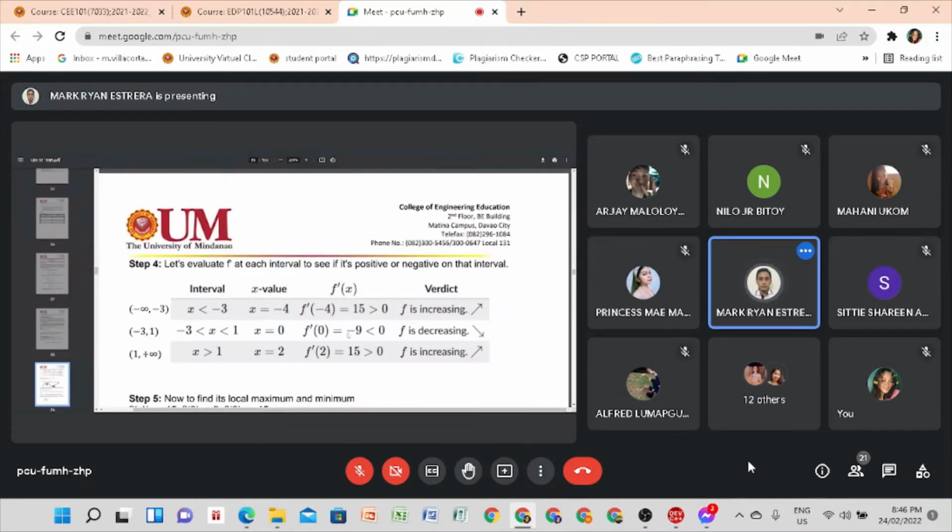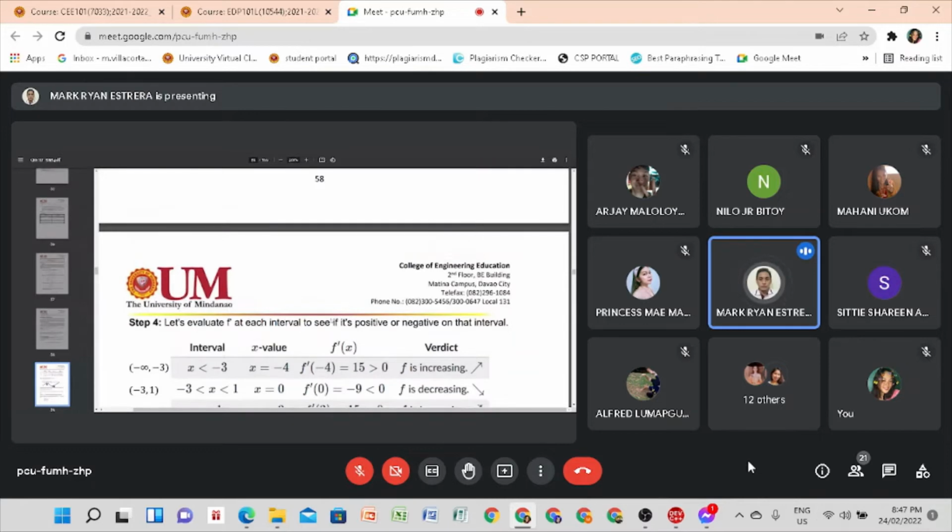And so that you'll be able to get the conclusion of whether the function is increasing or decreasing. So the x value you picked as per your interval, as per interval, you substitute it into f prime, the first derivative of the function.